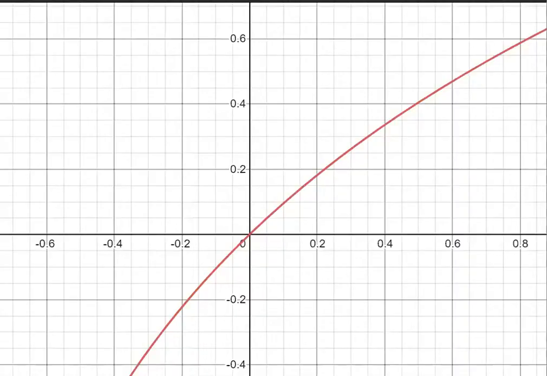The function is the natural log of 1 plus x, and we are going to approximate the natural log 0.9. The point that we're going to use is the point (0, 0).